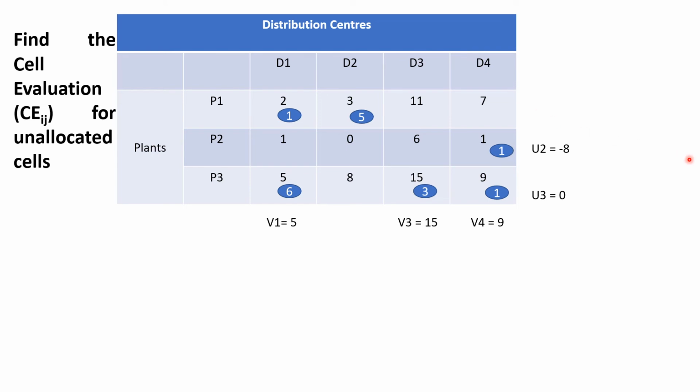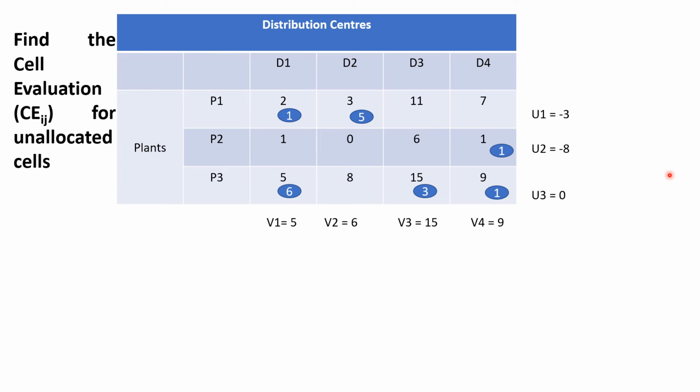Yes, it is minus 3. Once you get the value for u1, you use this value to get the value for v2. So minus 3 plus v2 equals 3. So v2 will be plus 6. So this is how we can get the values of all the multipliers u1, u2, u3 for the rows and v1, v2, v3, v4 for the columns.